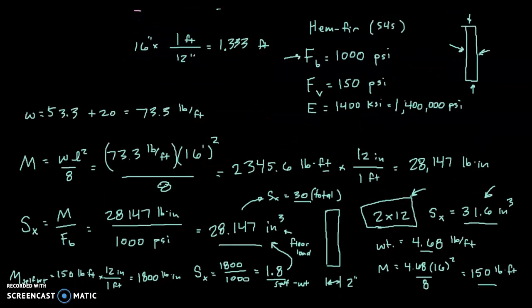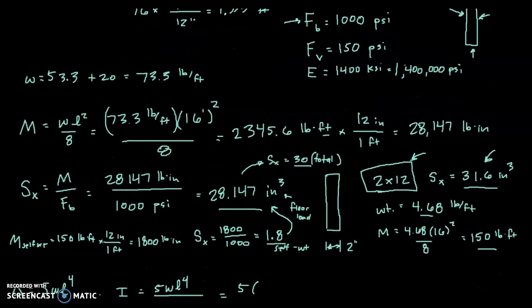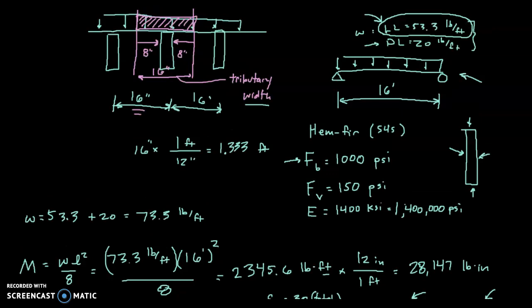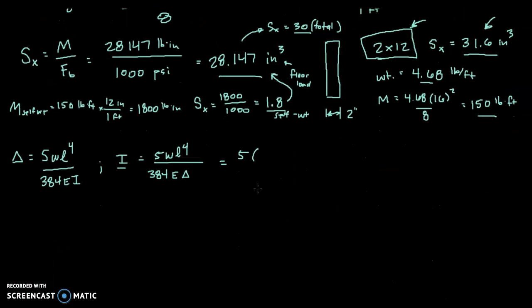I'm trying to see if we had already converted that to pounds per inch. It doesn't look like we have. So let's take that 53.3 pounds per foot. This is our live load. It's just our live load.